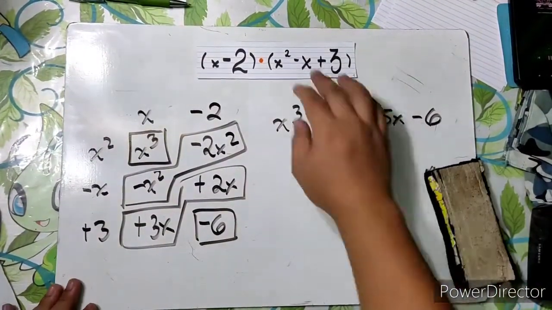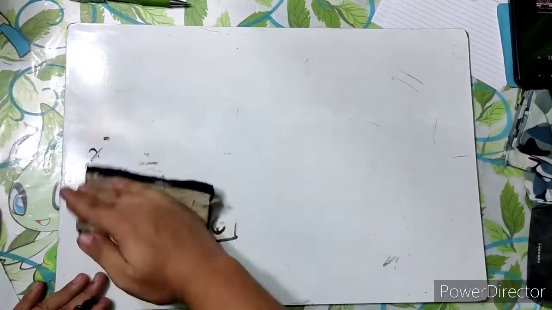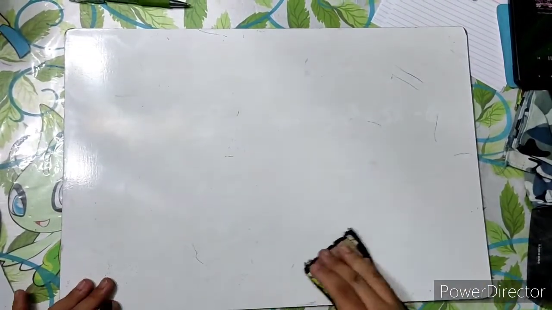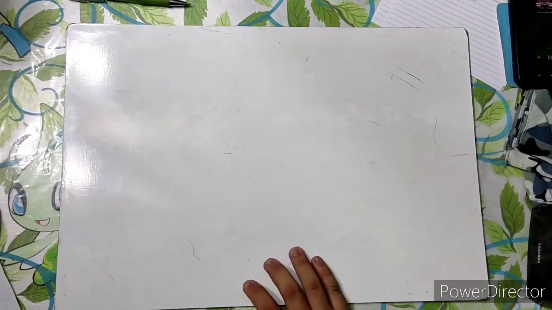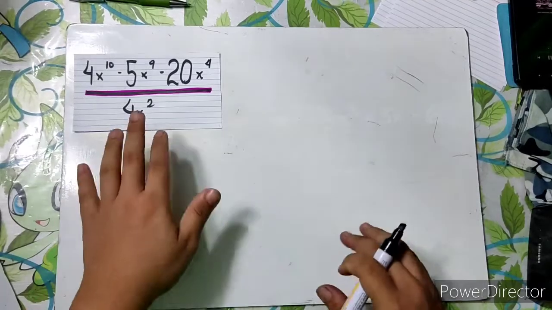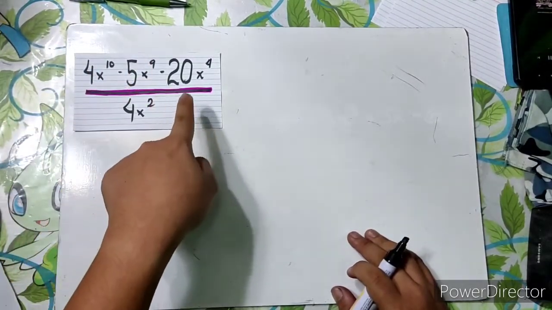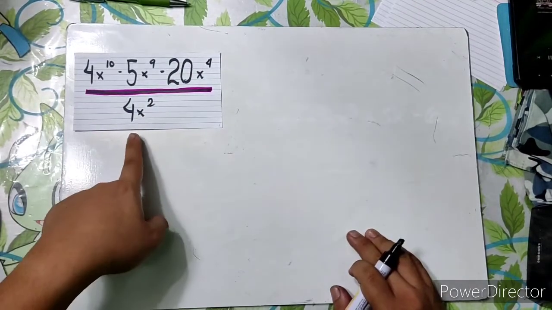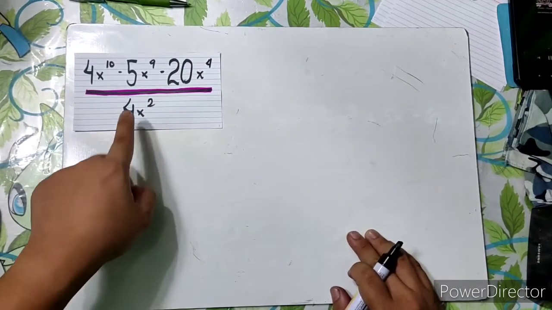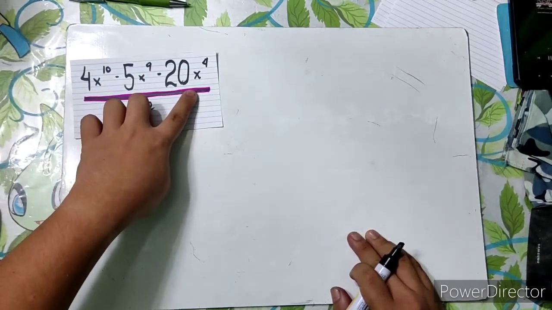Now we move on to the division. So we'll start from the easiest one. We will be using the split method again. So here we have 4x raised to 10 minus 5x raised to 9 minus 20x raised to 4 divided by 4x squared. So we split the denominator to every numerator in this one.